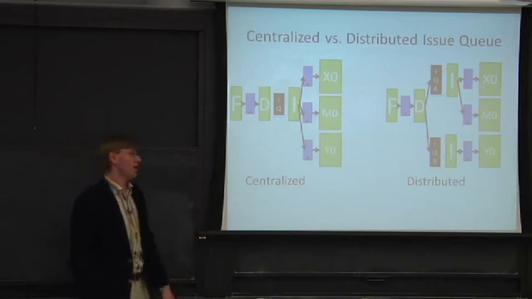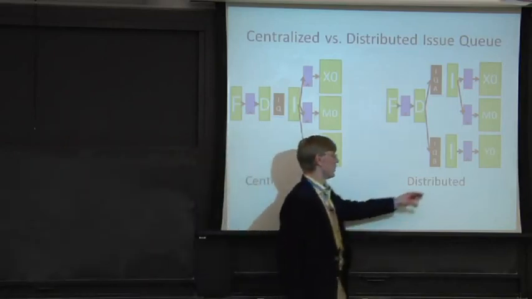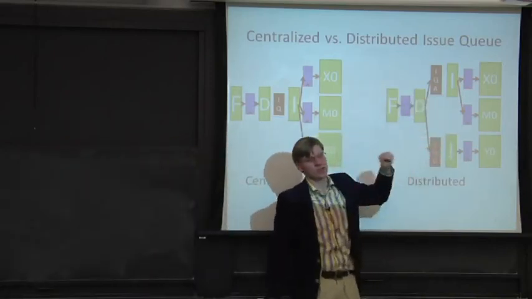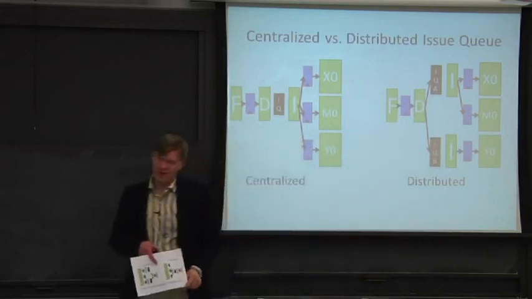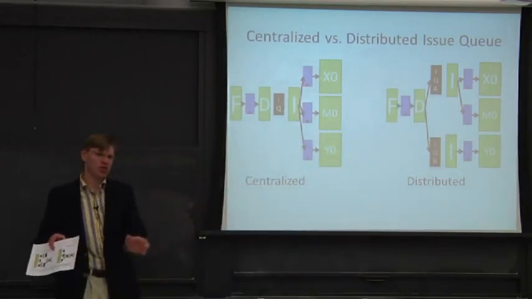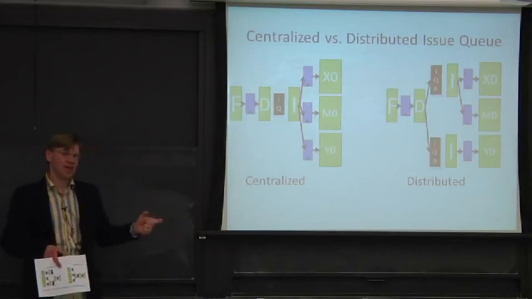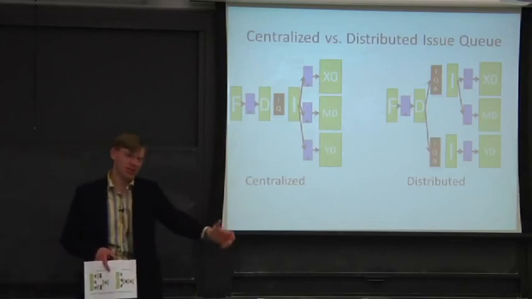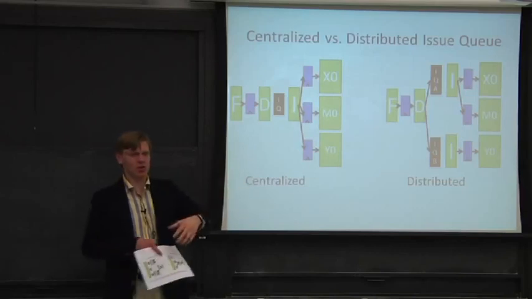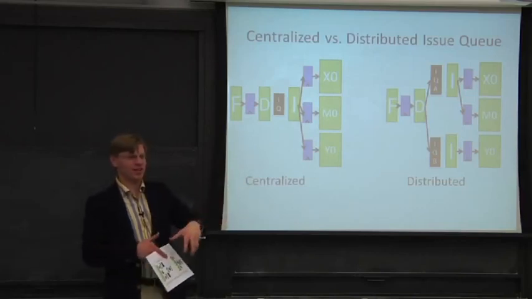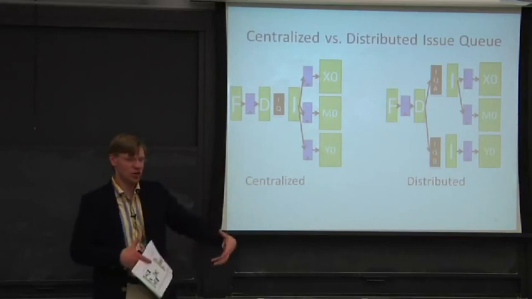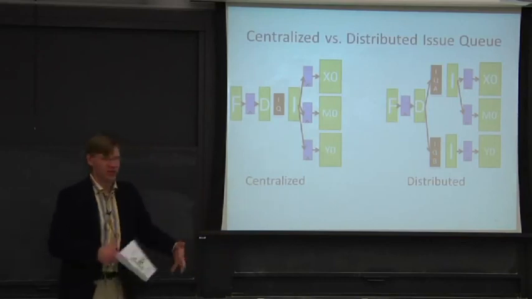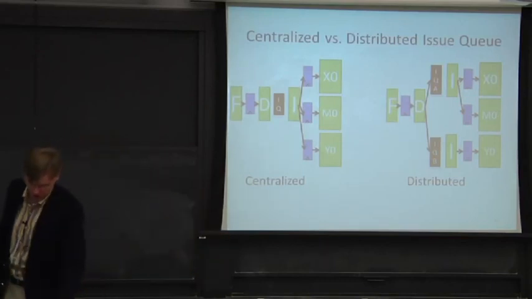One of the reasons that I think the Tomasulo algorithm people went for this distributed one first is because they were actually implementing on multiple discrete chips. So they had an issue queue per chip. They had like a floating point chip and an integer chip, and they steered the instructions, and they didn't want to have one data structure that crossed two chips. Today we have lots of integration, so we don't have to worry about that as much.